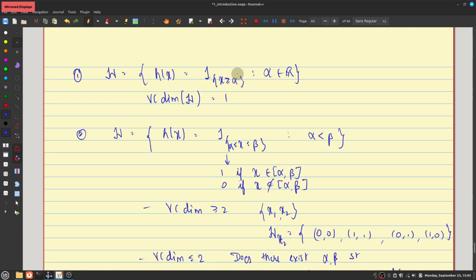Or let's take 4 different values of alpha. The VC dimension is at most 1, but the size of H is 4. So the VC dimension is less than log of the cardinality of H.